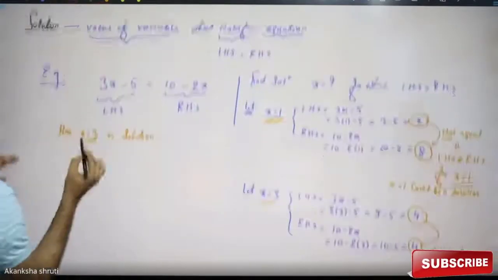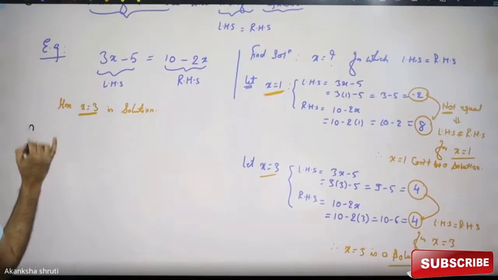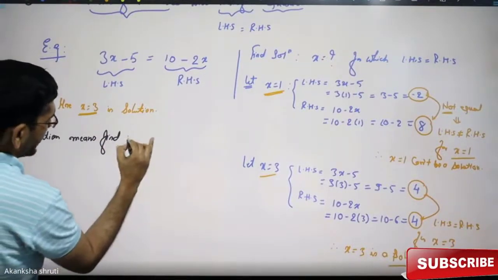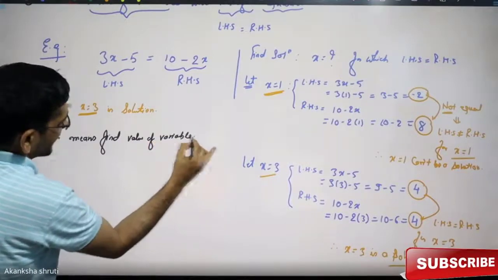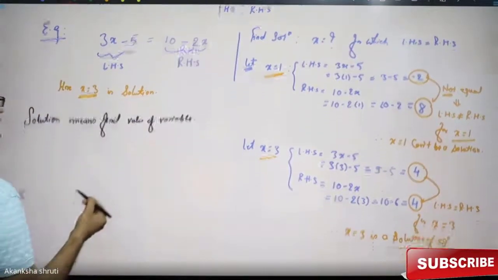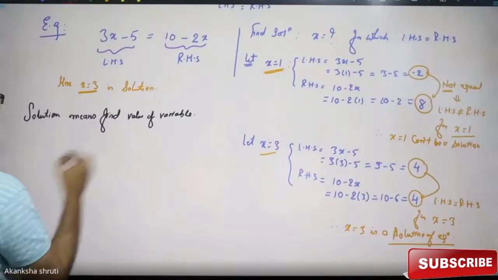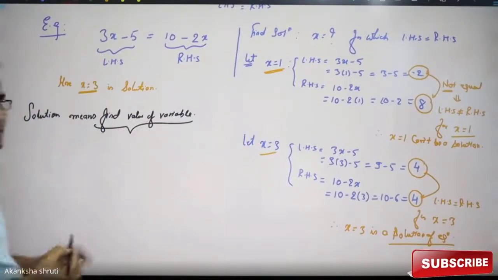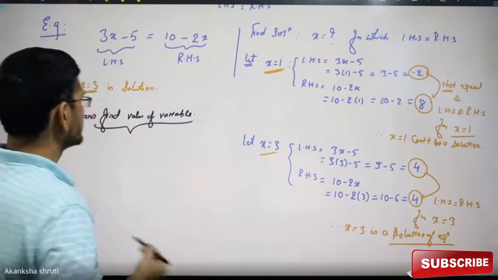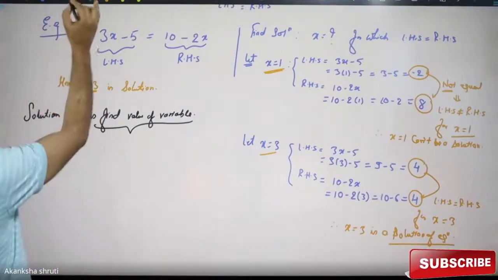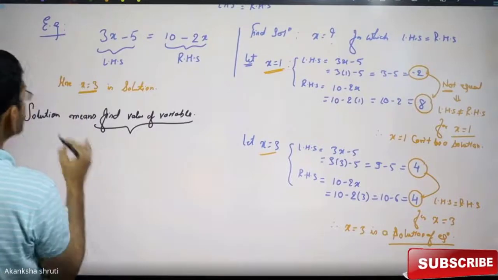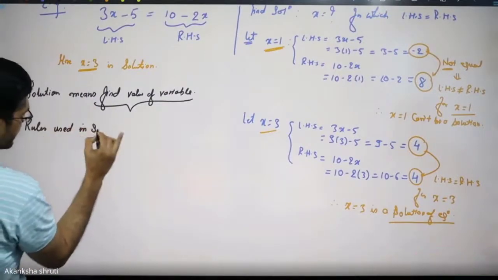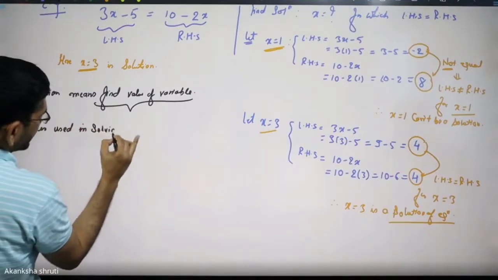Solution simply means find the value of the variable. It's that simple. But for finding the value of the variable, we use certain mathematical rules. So what are those rules? Write: rules used in solving an equation.